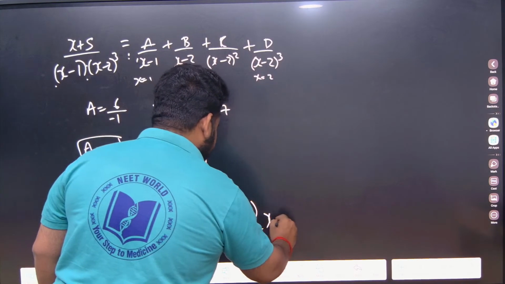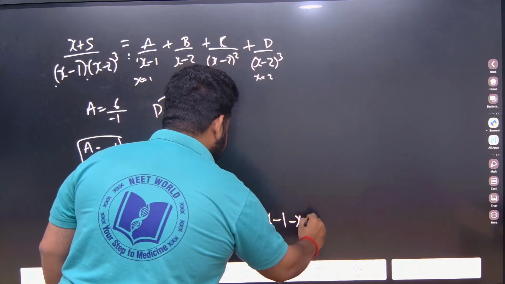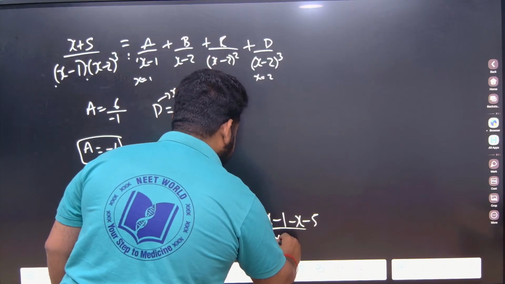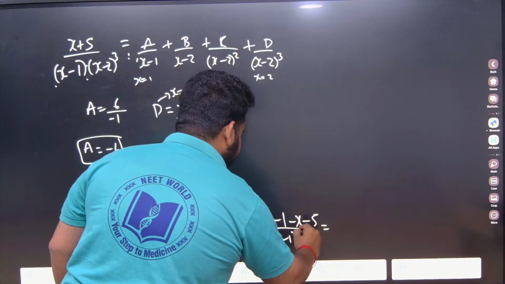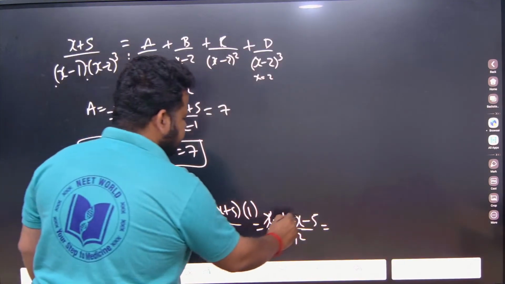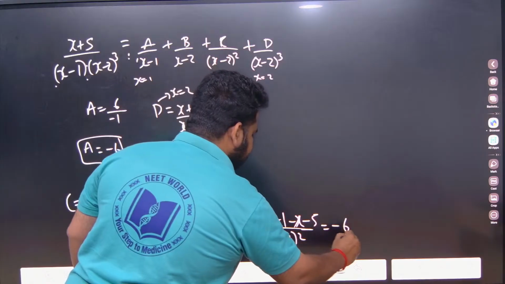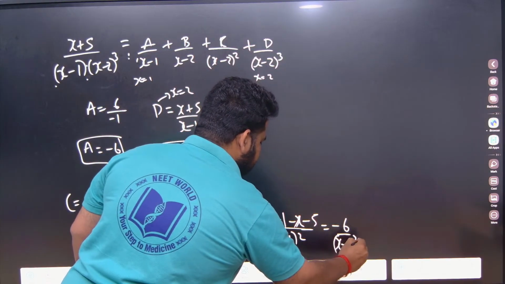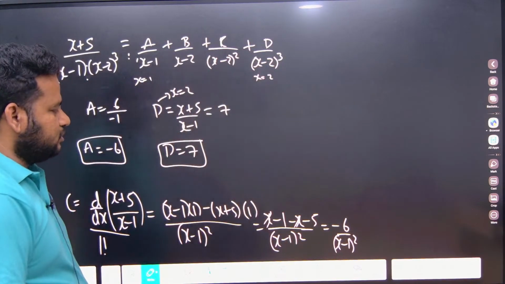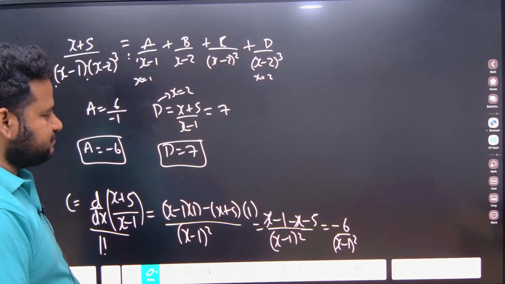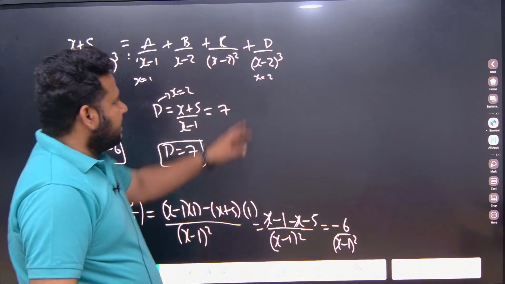So x minus 1 minus x minus 5 divided by x minus 1 whole square. The x and x cancel, so I am having minus 6 by x minus 1 whole square. But under D what is that?